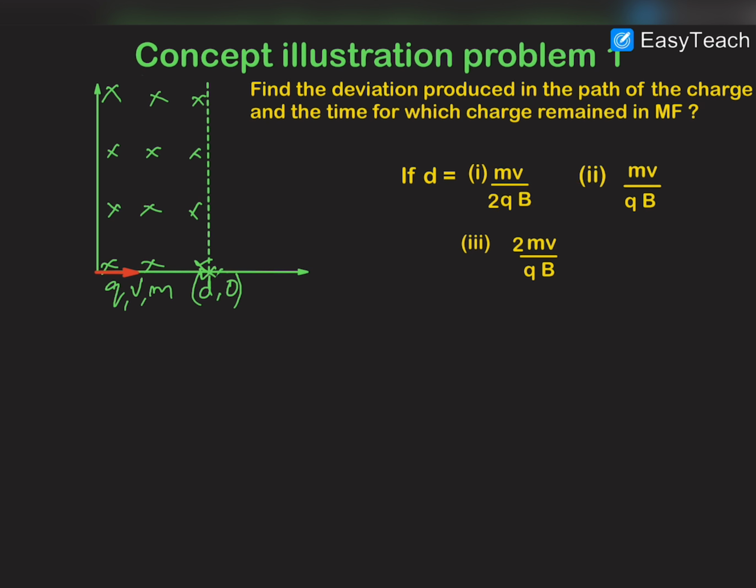So in this first problem, you can see that there is a limited magnetic field which is extending from origin to this point d comma 0, and we have projected a charge q with velocity v and mass m along the positive x-axis from origin, and we have to find out the deviation produced in the path of the charge and the time for which this charge remained in the magnetic field.